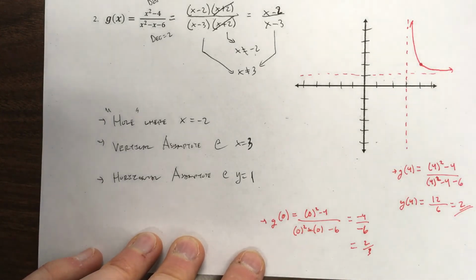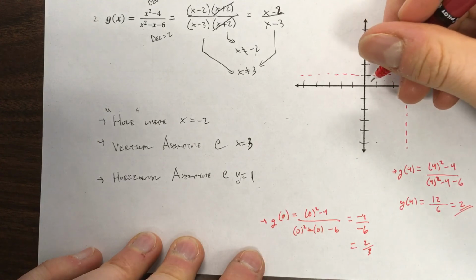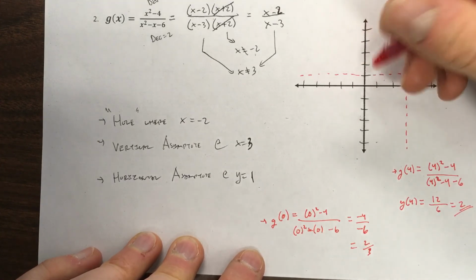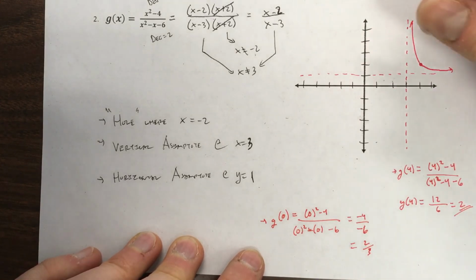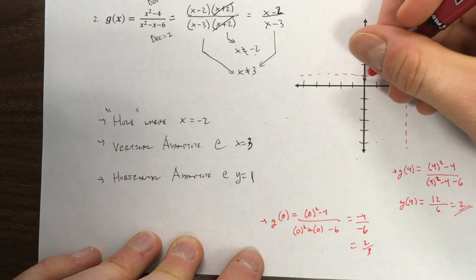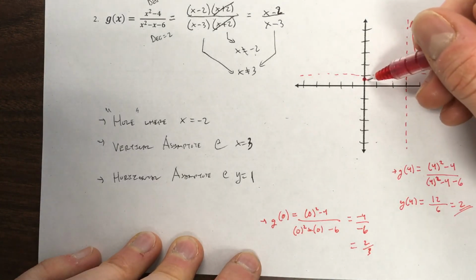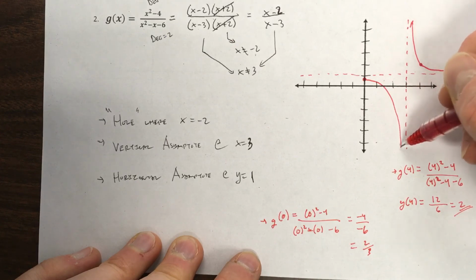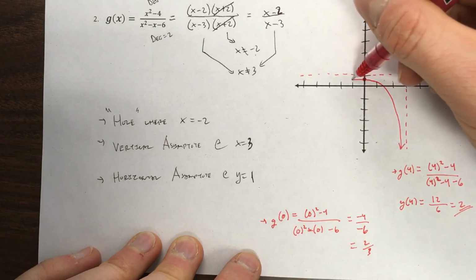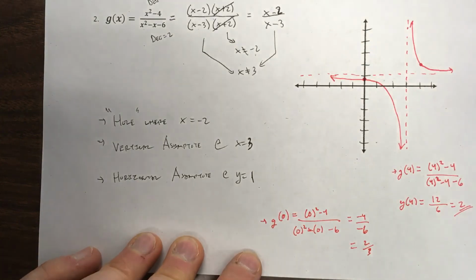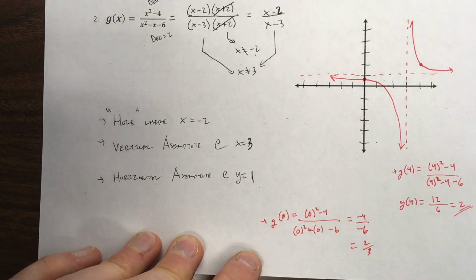So g of 0, our output is 2/3, which is here. So it's going to cross through that point and essentially do something like this. So that's how our function would behave.